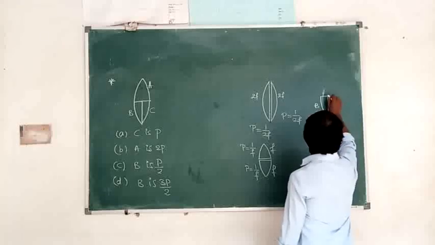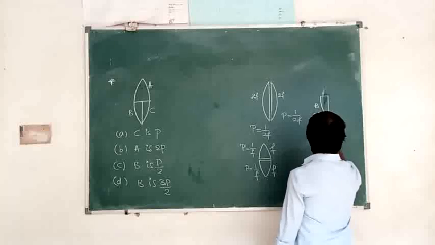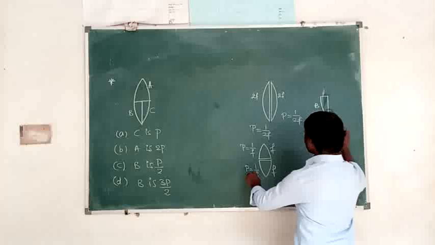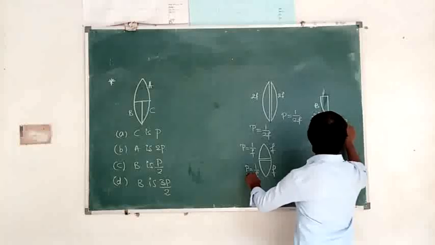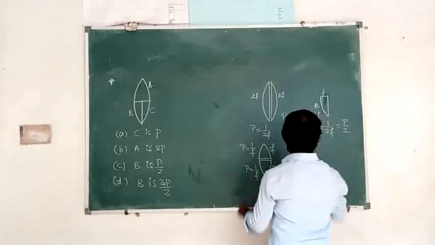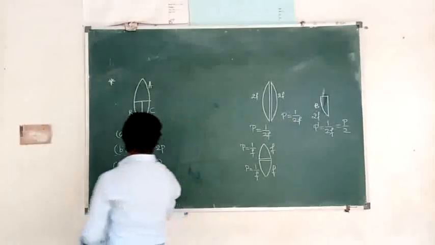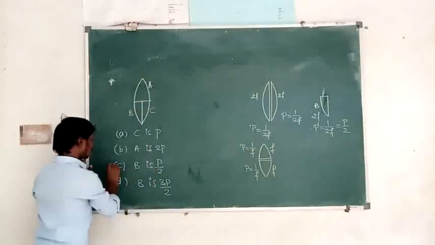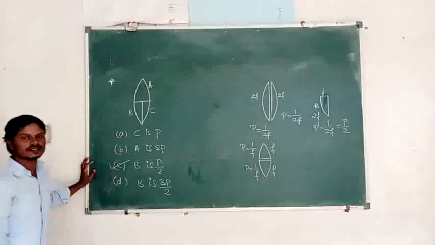Why is it 2f here? Because it is a plano-convex lens. Then what is its power here? That is 1 by 2f. But 1 by f is nothing but P, so that is P by 2. Then it is P dash. Power of B is P by 2. Then C is the correct answer.